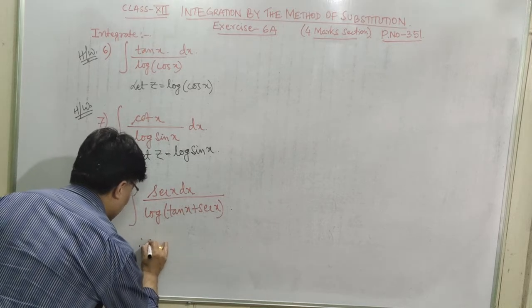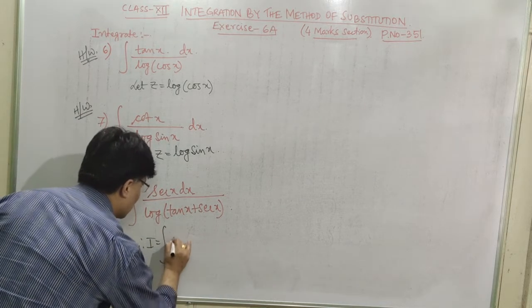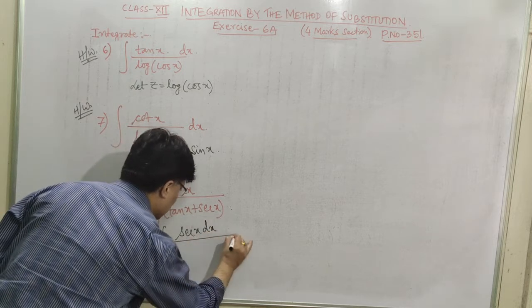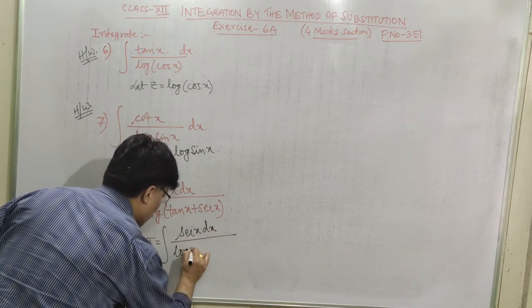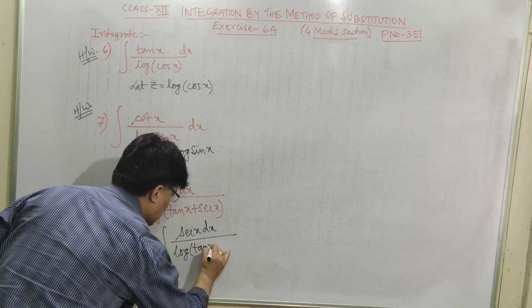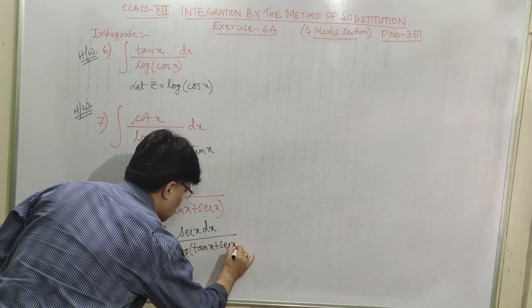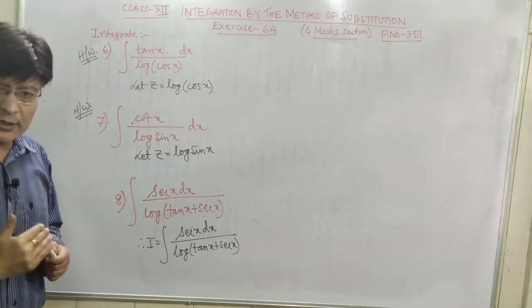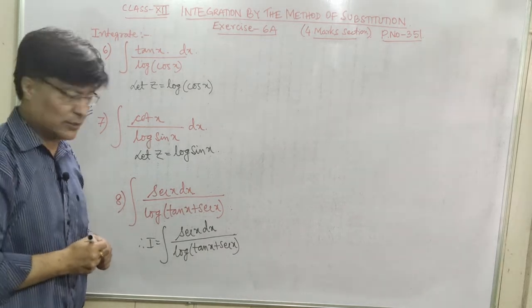First, let us write I is equal to the integration of sec x dx divided by log of tan x plus sec x. And the differentiation of the denominator will be the numerator.